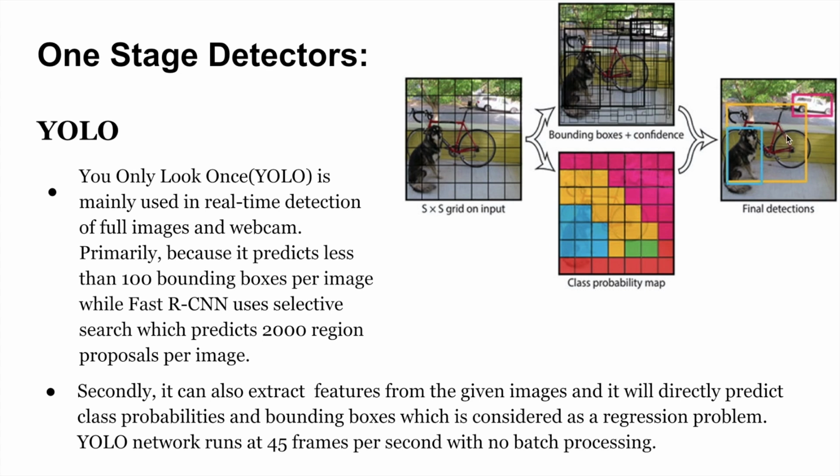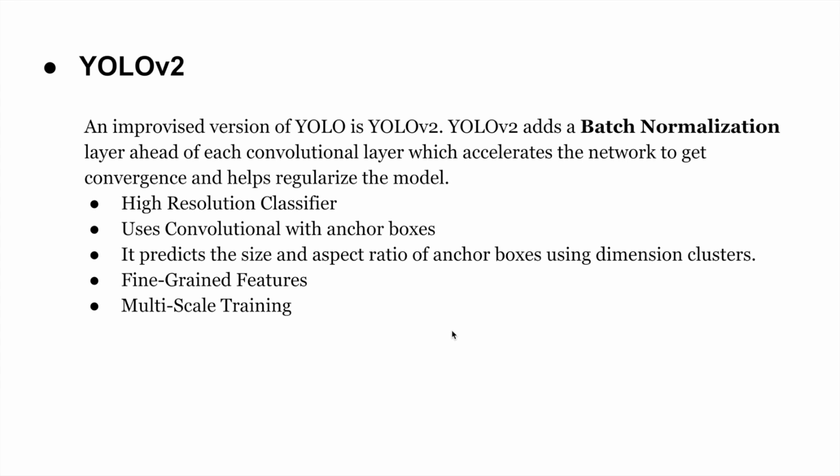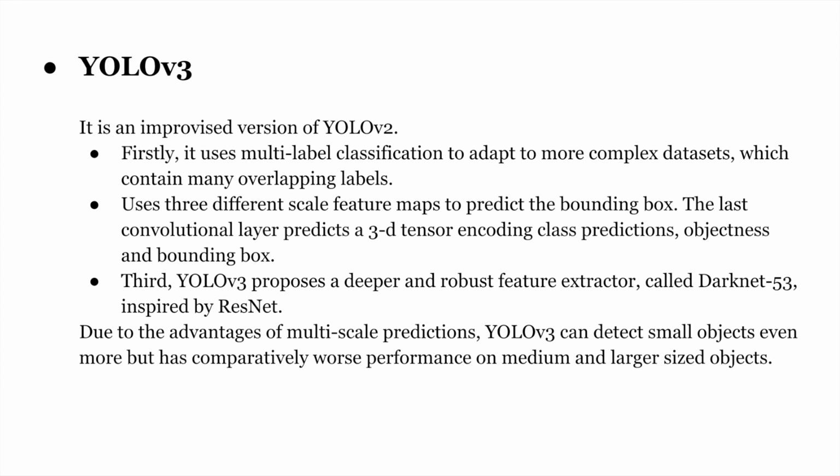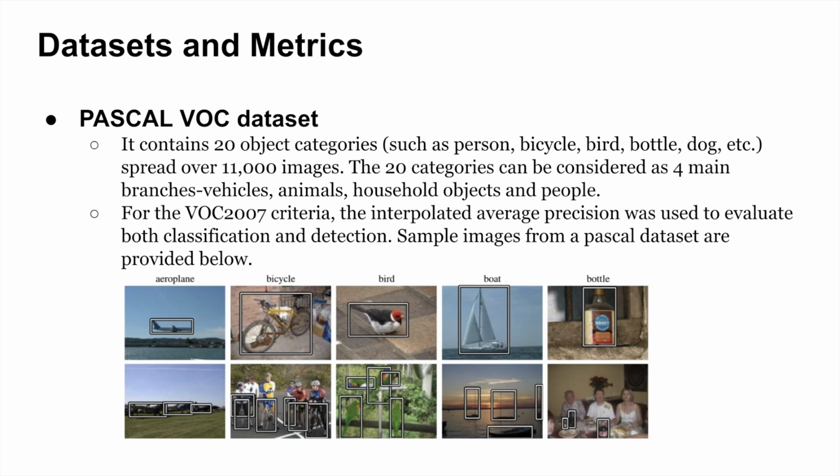For example, it cannot detect a small object like a bird very distant in the image. For further improvements, we have SSDs and DSSDs and so on, which are improved versions of YOLO, I mean the later versions.